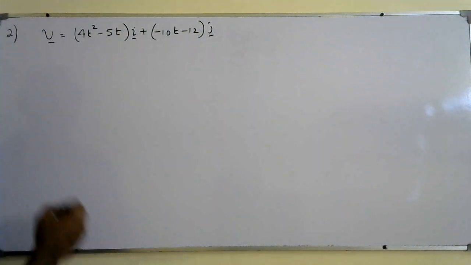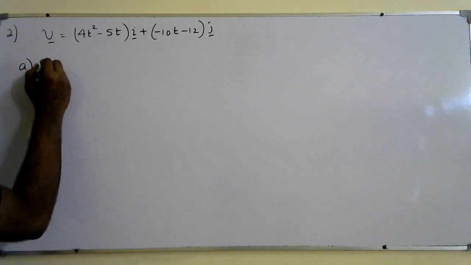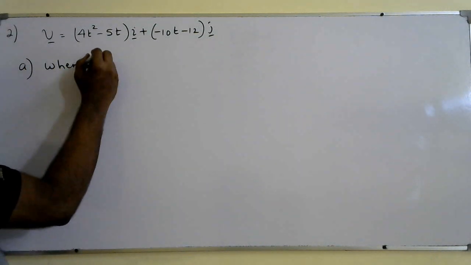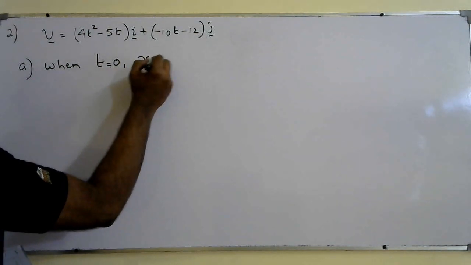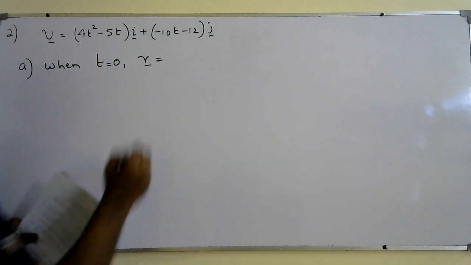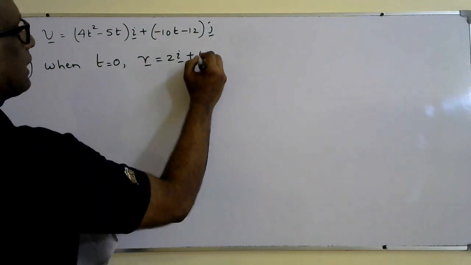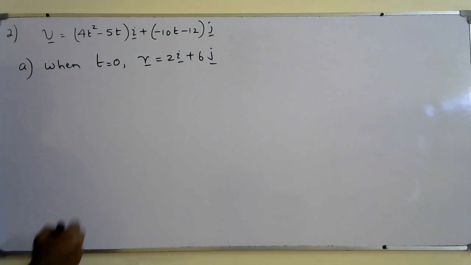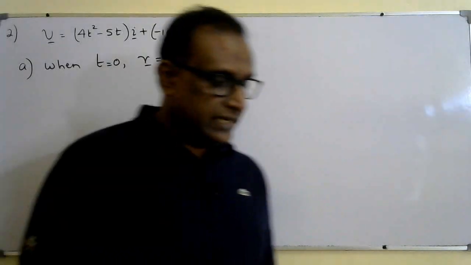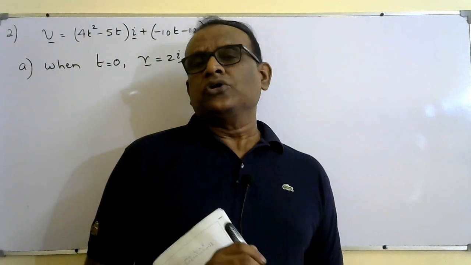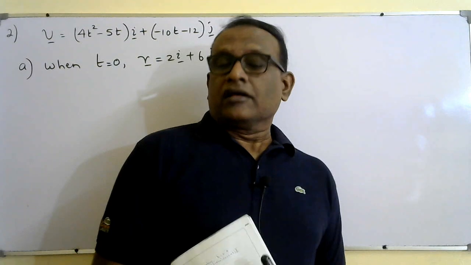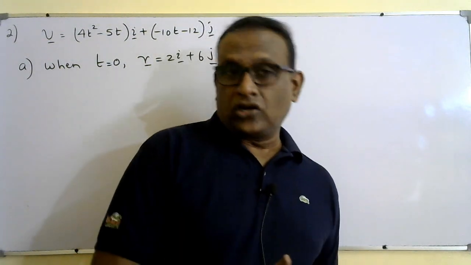Okay, so in part A, when t equals 0, the position vector is given, that is 2i plus 6j. We need to find the position vector at time t equal to 2 seconds. You know that when you differentiate the position vector r, you get the velocity vector.